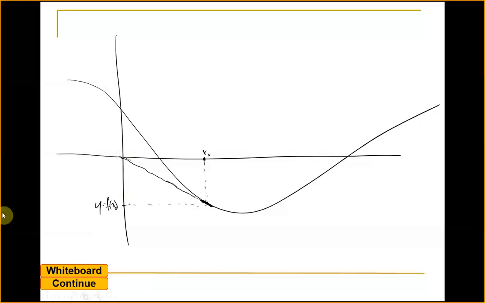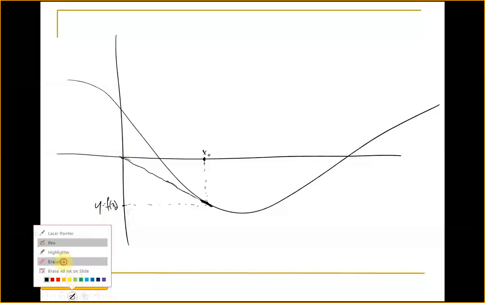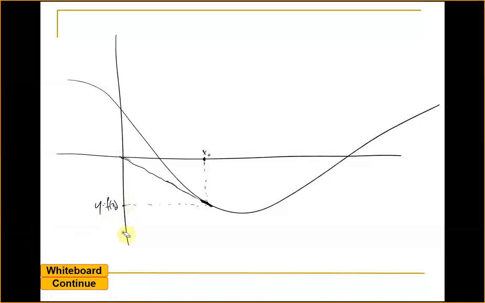Alright, I'm going to erase all of this and start again because I kind of figured out how to do this a little better. Alright, so here we go. Nice. It's an actual ruler that I'm using. Pretty natural.